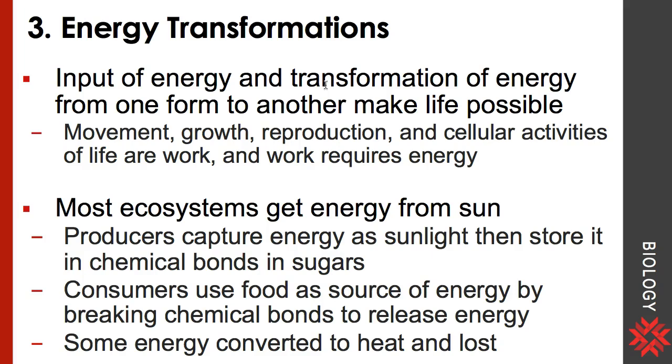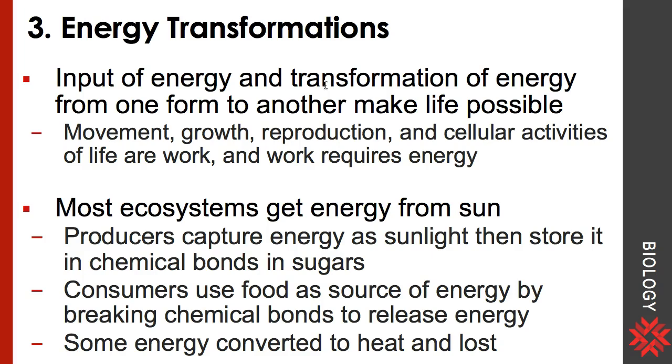They eat those producers, eat those sugars, digest them to be able to break those chemical bonds apart and release the energy to that consumer. That consumer can then use that energy for any of its life's functions, and then using that energy converts it to heat, which is then lost from the ecosystem.